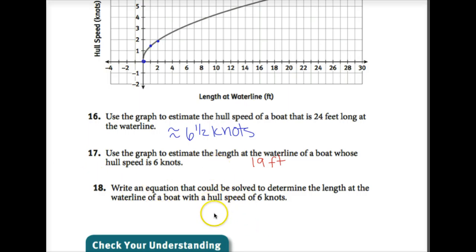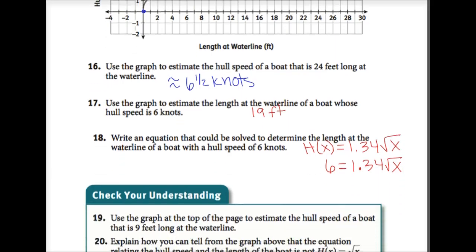And we know that in the original equation, which was h of x equals 1.34 radical x, length is still staying a variable, so the radical x isn't going to change, which means I better have something to plug in for h of x, which stands for hull speed, and they told me that was 6. Now, it didn't actually ask you to solve it, it just said write an equation that could be used to solve, which would be this one.